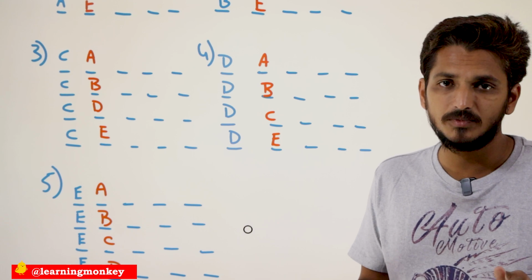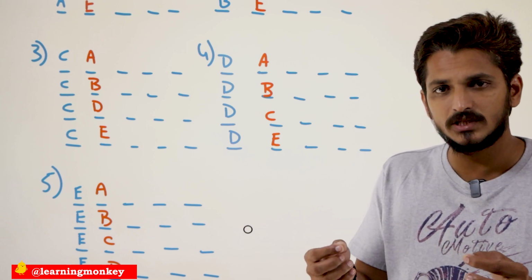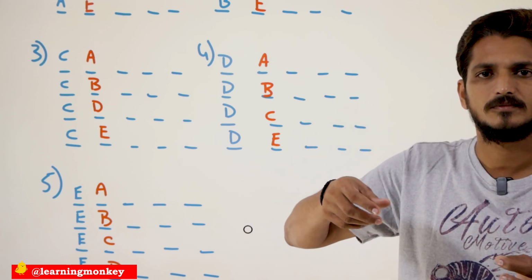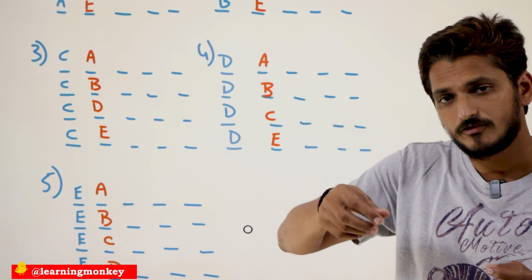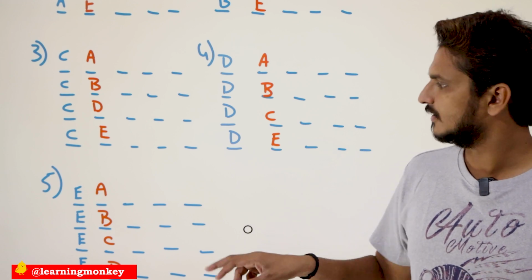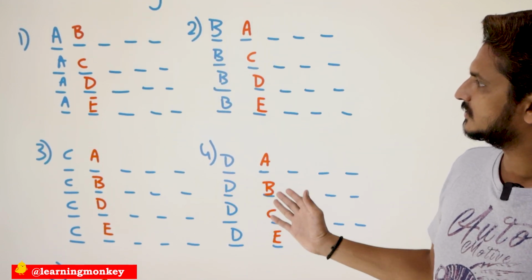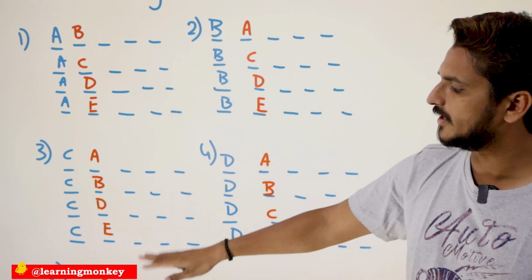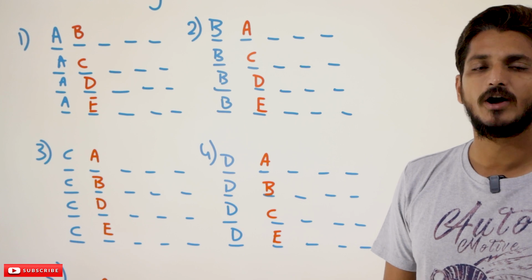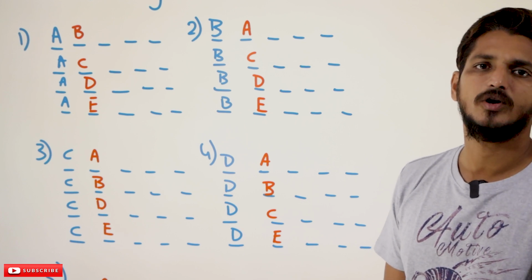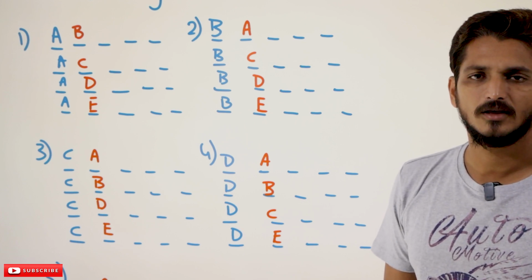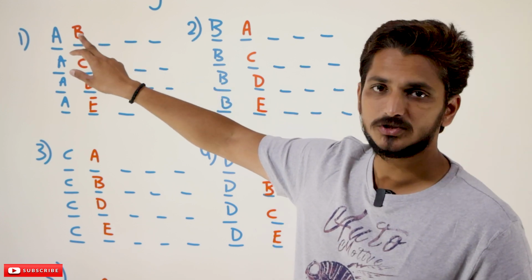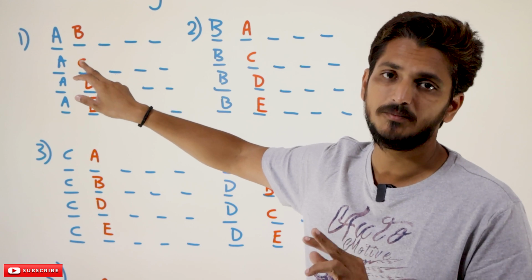That is what multiplication means. 5 multiplied by 4 means add 4, 5 times, or add 5, 4 times. 4, 4, 4, 4, 4. Add 4 five times and you get 5 multiplied by 4, which is 20. So in total, 20 possibilities are there to fill the first 2 positions.